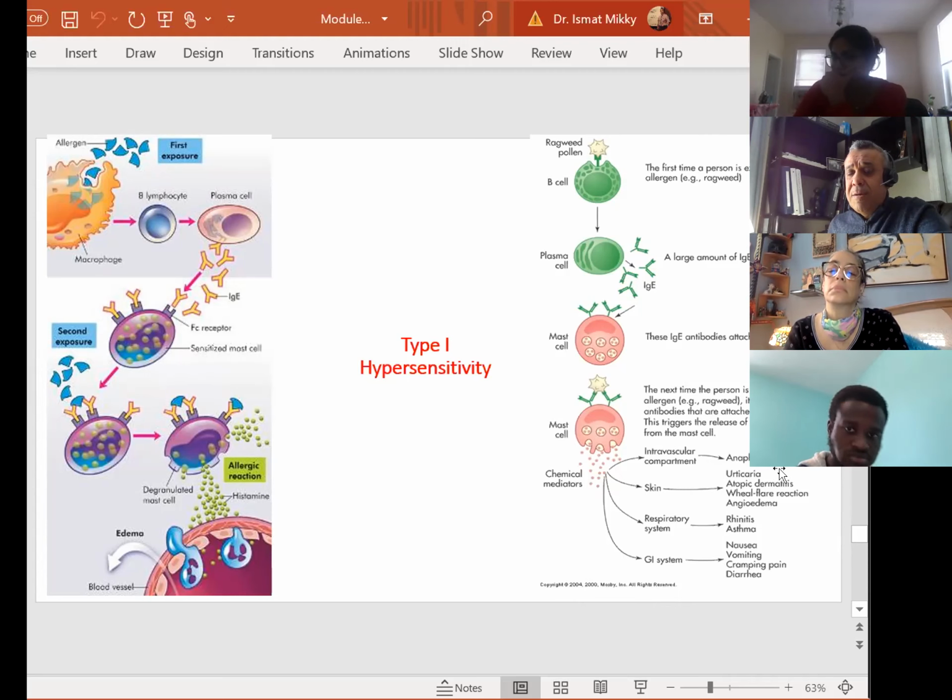Skin changes, like urticaria or red pinpoint rashes. So all these are anticipated manifestations of the allergic reaction, or respiratory too.